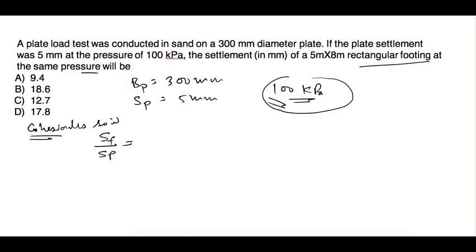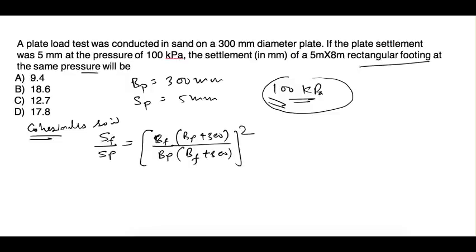SF upon SP is equal to BF upon BP multiplied by (BP plus 300, if we are talking in mm) divided by (BF plus 300) whole square. We have to find SF, SP is given, BP is given, and the size of the footing is given, so the width of footing will be the smaller of the two. In mm it is equal to 5000 mm.